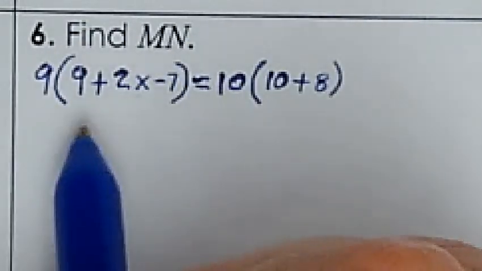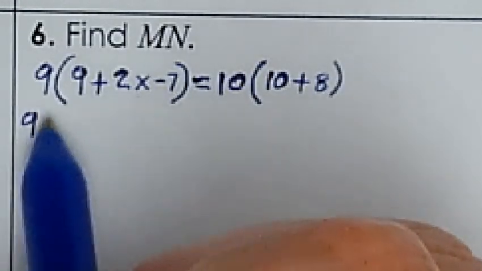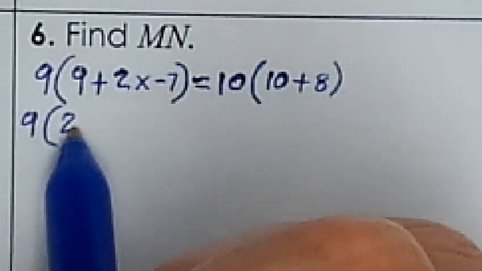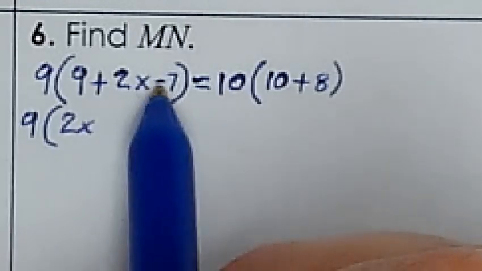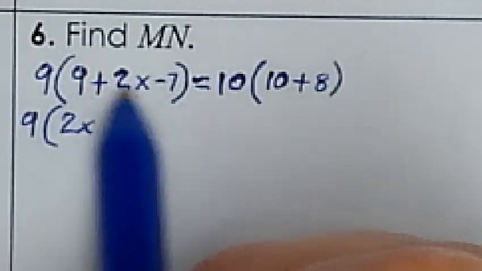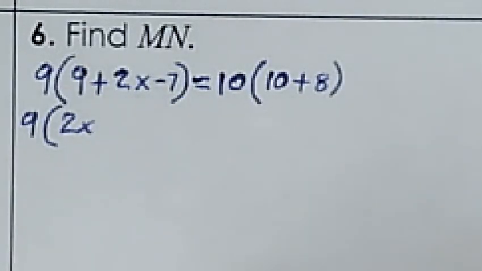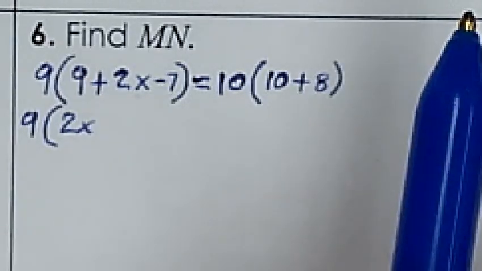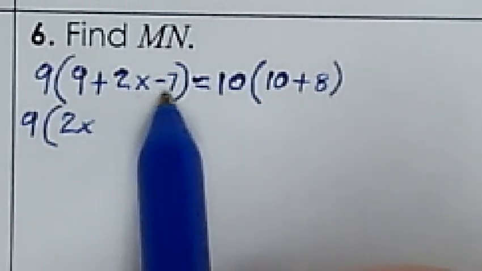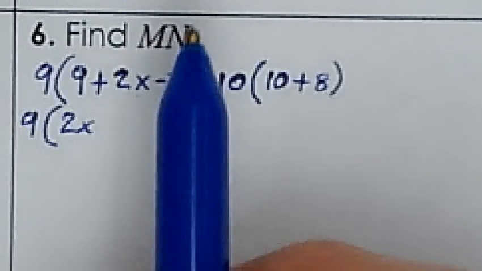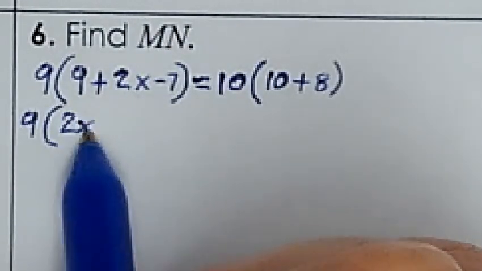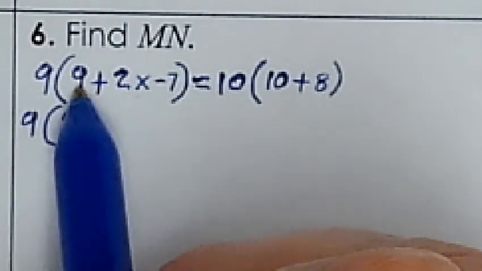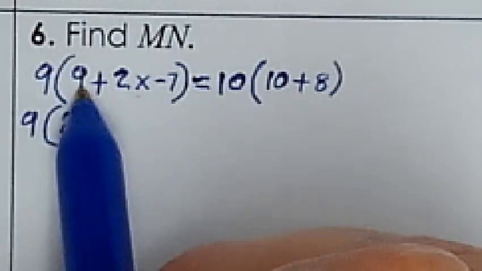But you see, 9 take away 7. What's 9 minus 7? Do you think that's going to be a positive 2 or a negative 2? So you have to put plus 2.